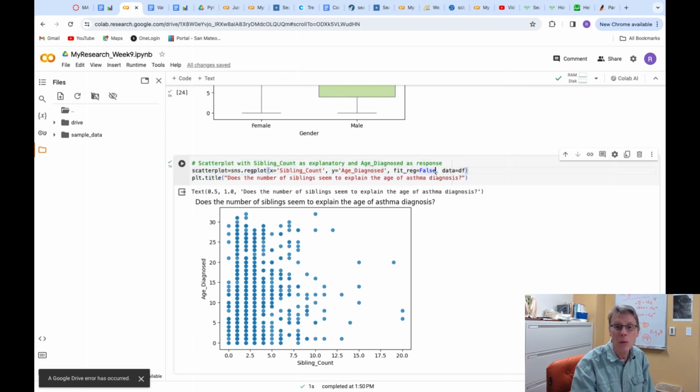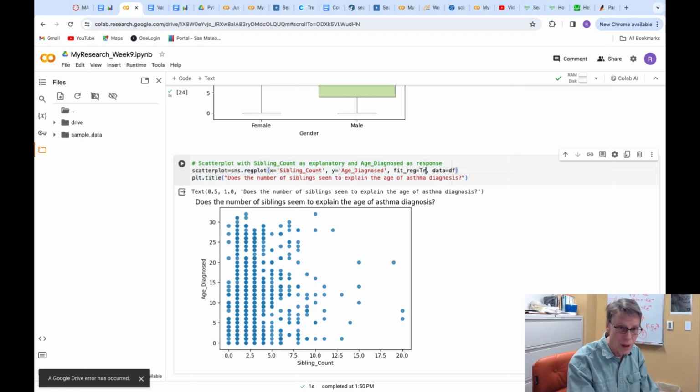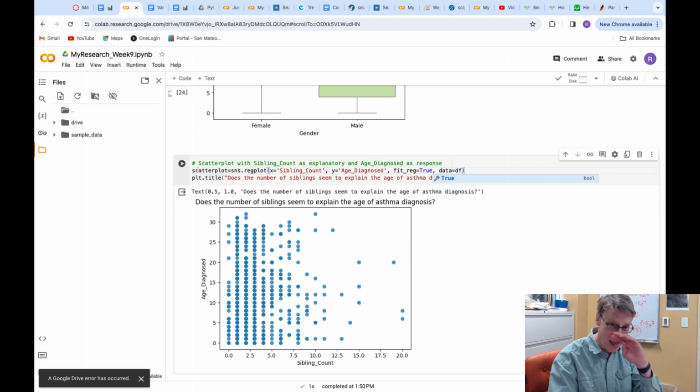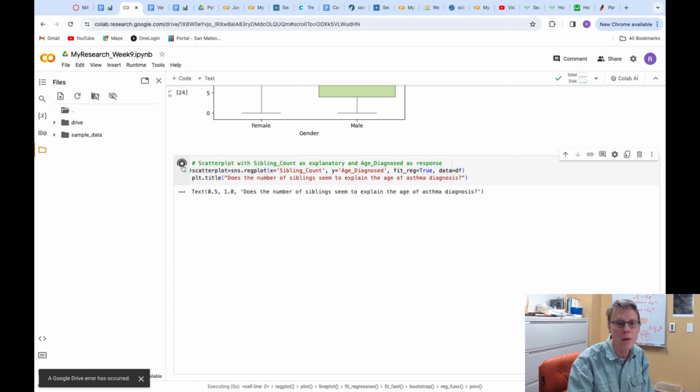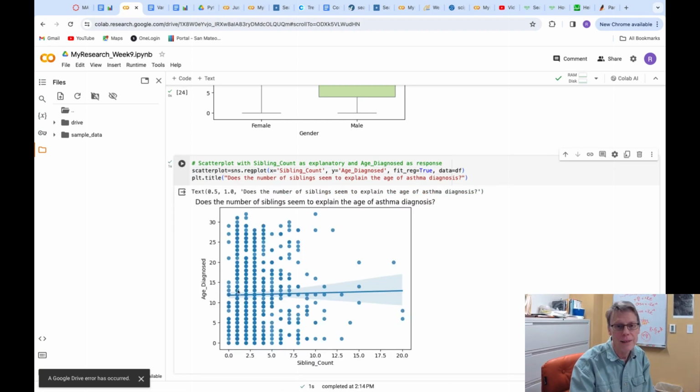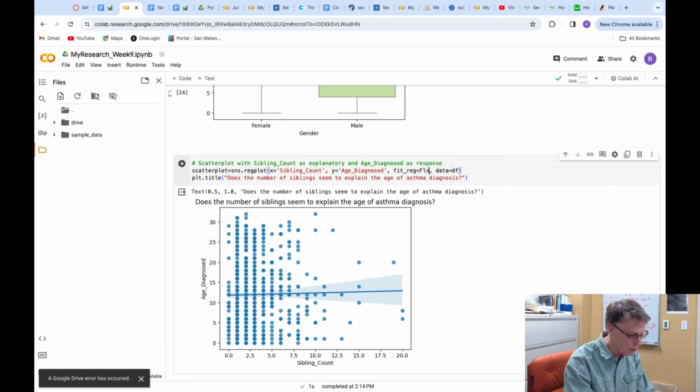If I make this equals True, all it's going to do is do the best it can to fit a linear regression line in there. And so, sure, that's the line that is the closest to all the dots on average. But I don't think that's showing us anything. It's kind of like meh. So I'm going to put that back to False.